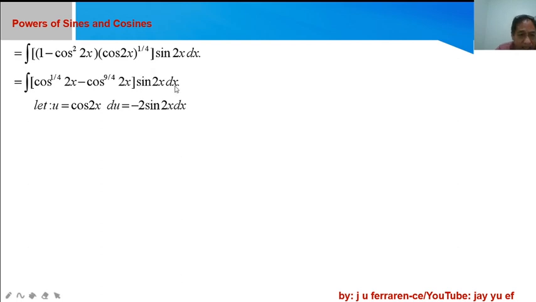I have sine 2x, so this is intended as the common differential of cosine 2x. Cosine 2x is my u, while these are n. So the du of which is equal to negative sine 2x times 2 dx, or say, we have a negative 2 sine of 2x dx as my du. Checking on this expression, obviously it's lacking minus 2.